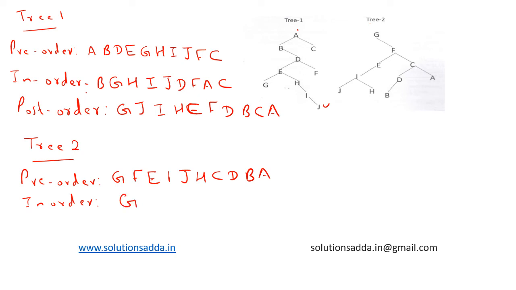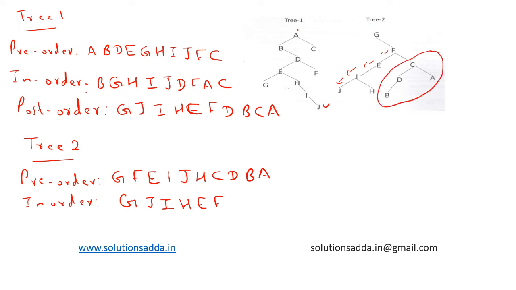Then we move to root's right, so we iteratively reach here, here, here, and we print J. Now we come back and we print I, then we move to root's right, and there is no left and right, so we print H. We iteratively come back and we print E, and we iteratively come back and we print F. Now we move to F's right subtree, that is this part.